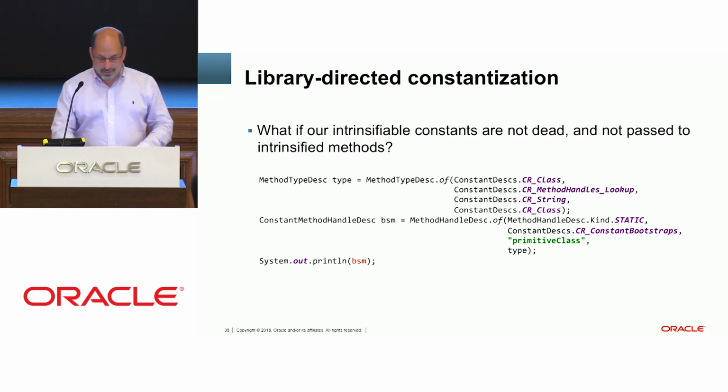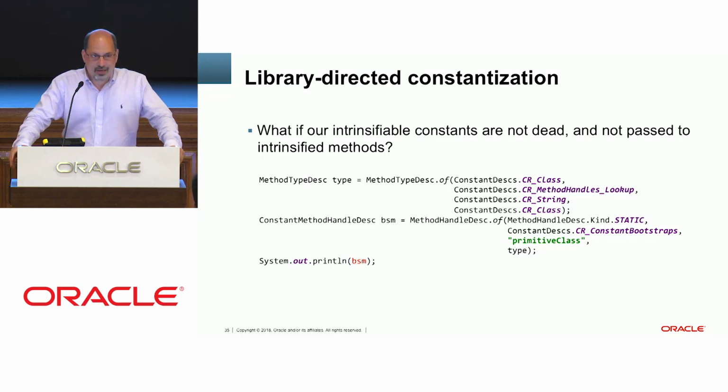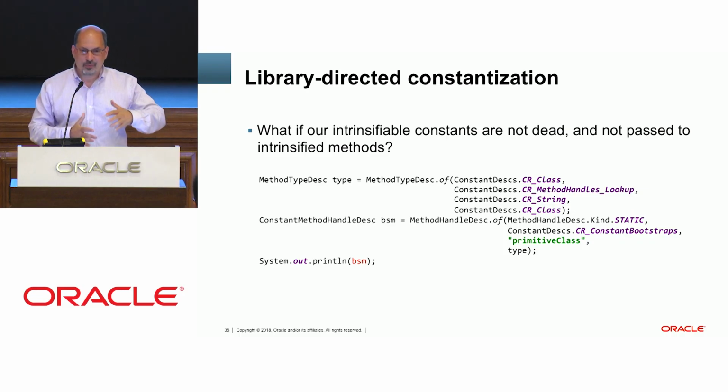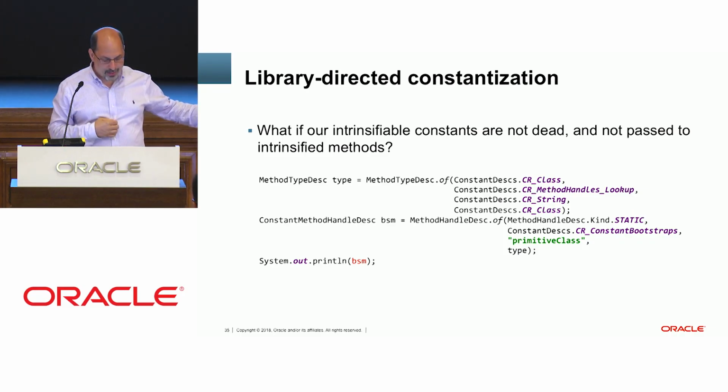But let me talk about the other thing I wanted to talk about, which is how can we write libraries to take advantage of this kind of constant awareness on the part of the compiler. So what if we did everything we did in the previous example, but we didn't intrinsify it, we actually used it as an argument for something else.